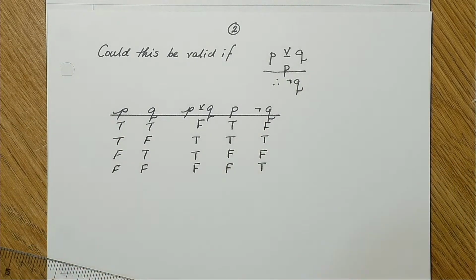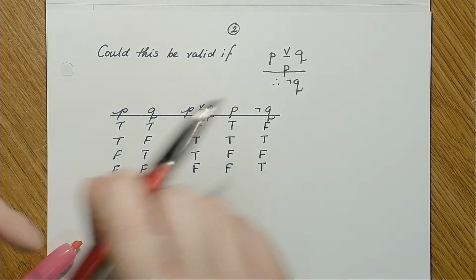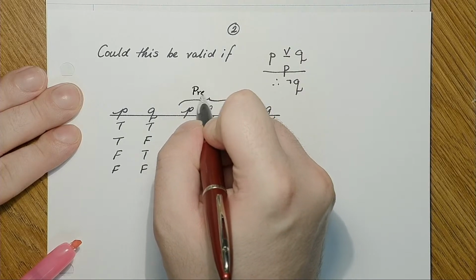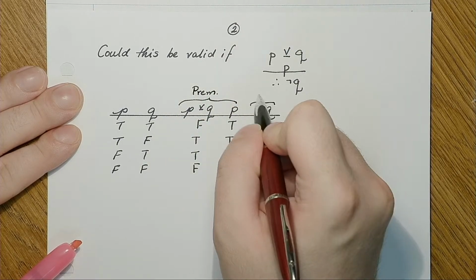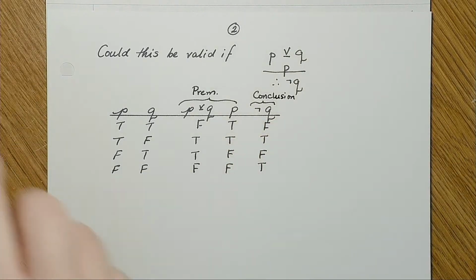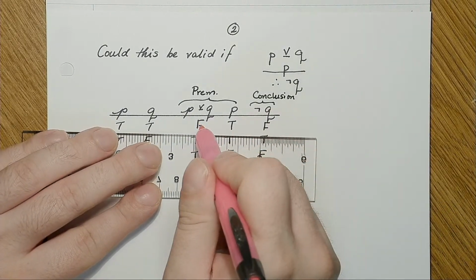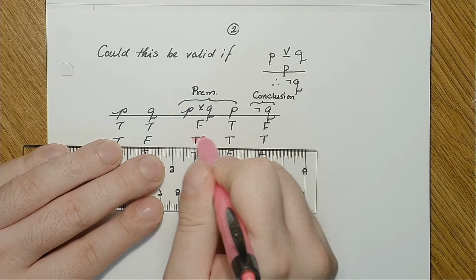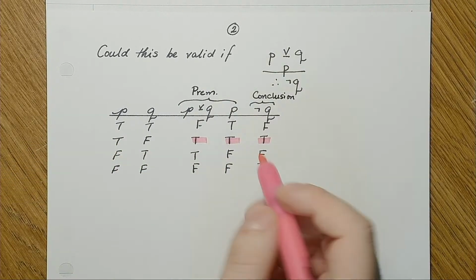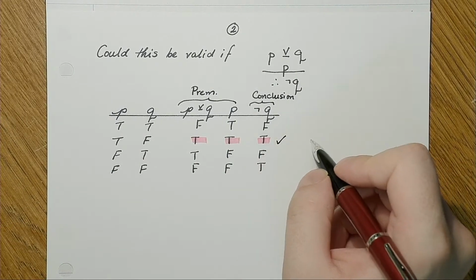Now, to check, we'll go through again. Here are the premises, and there's the conclusion. We go through looking for when the premises are both true. This is the only case, and it is generating a true conclusion.